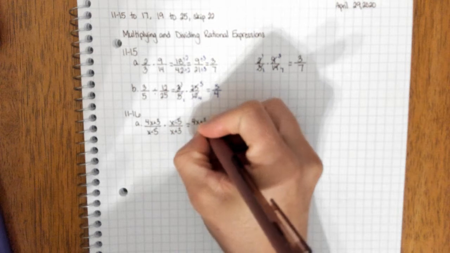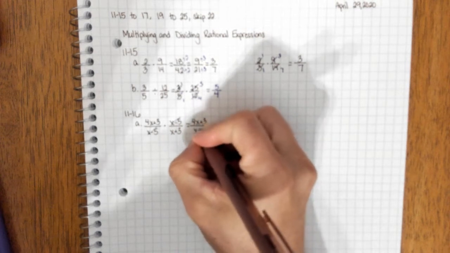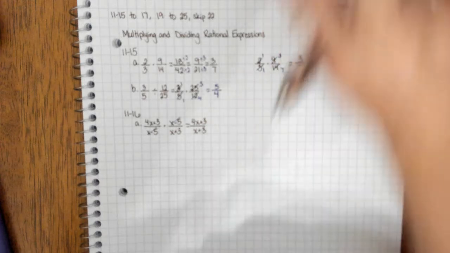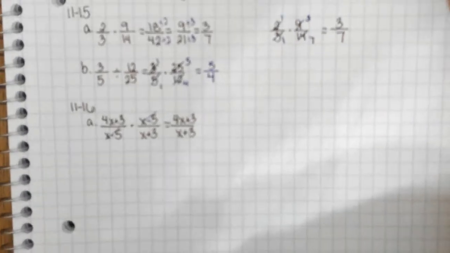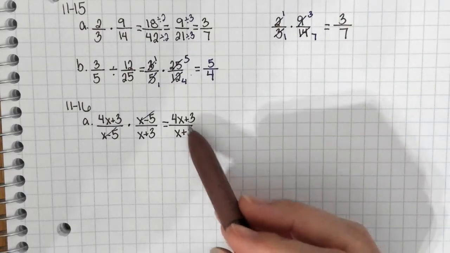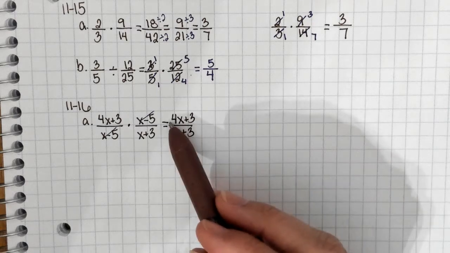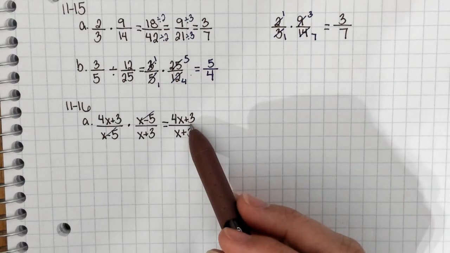So we get 4x plus 3 times x plus 3. Remember, this cannot be simplified. Even though they're both x plus 3's, this whole binomial has to stay together.